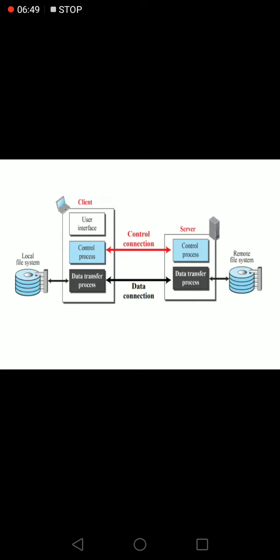The diagram shows how the FTP client and server initiate and do the operation. On the client side there are three components, on the server side two components. First the two control processes are initiated, then we transfer the file using the data transfer process after establishing the data connection.